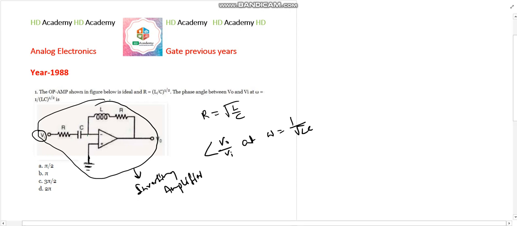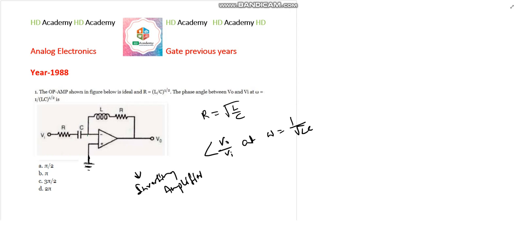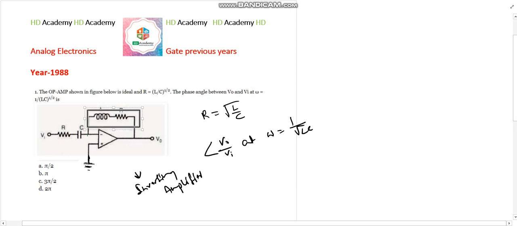Now, this is the total feedback impedance, and this is the input, which is also another impedance.